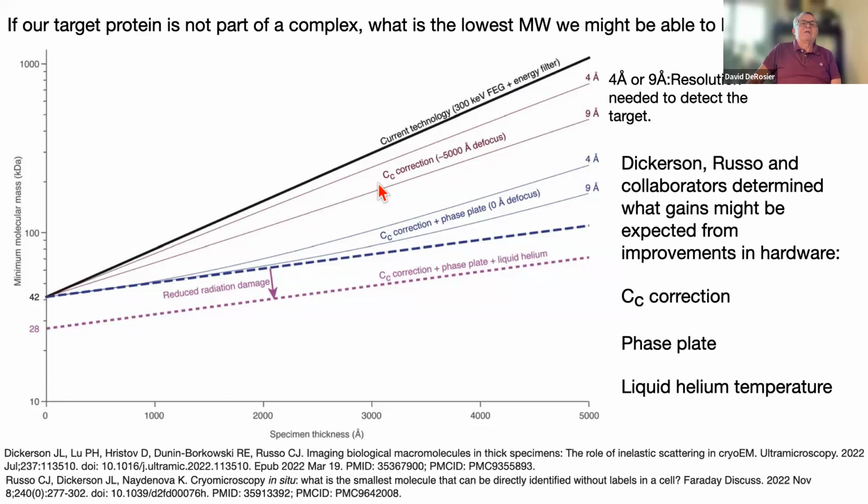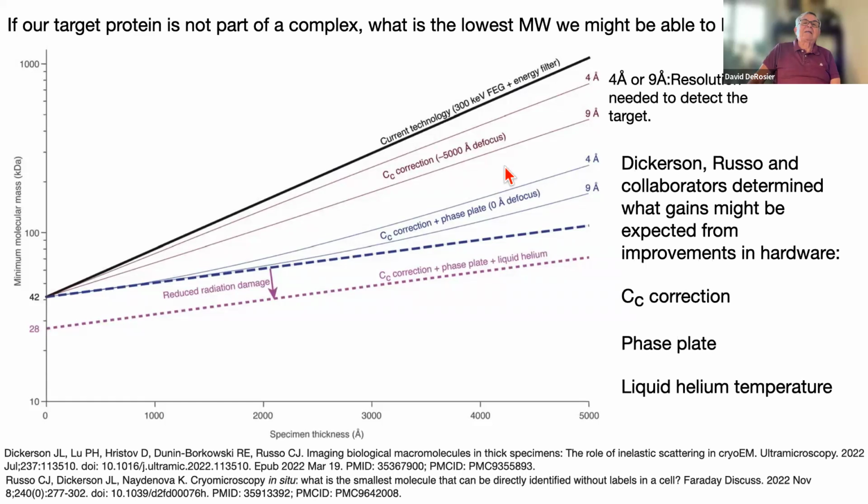Now, if you use chromatic correction and 5,000 angstroms of defocus, you can do a bit better. If you need 4 angstroms to identify your structure, you get this curve. If you can do so with 9 angstrom resolution, you can do a bit better because you don't need the high resolution data.